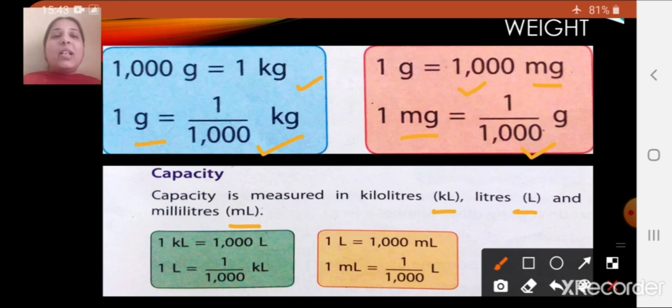Okay. So 1 kiloliter is equal to 1000 liter. Then 1 liter is equal to 1000 milliliter. 1 liter is equal to 1 upon 1000 kiloliter, and 1 milliliter is equal to 1 upon 1000 liter. These are some of the conversions that you have to remember to solve the further questions.